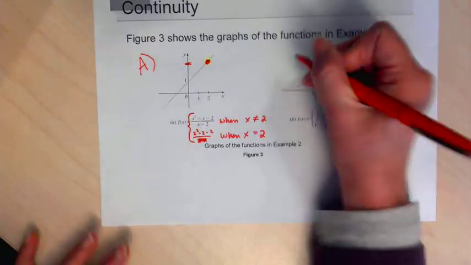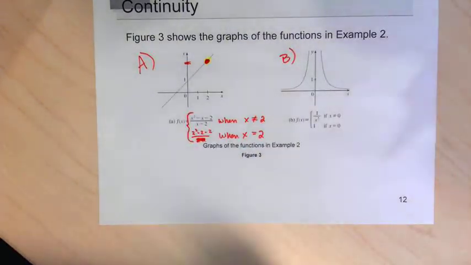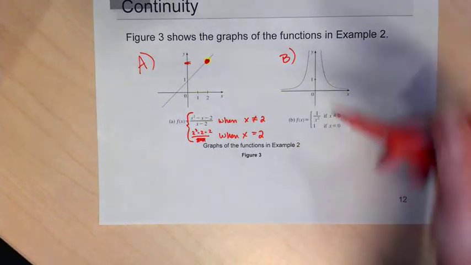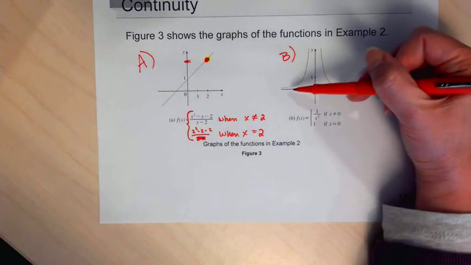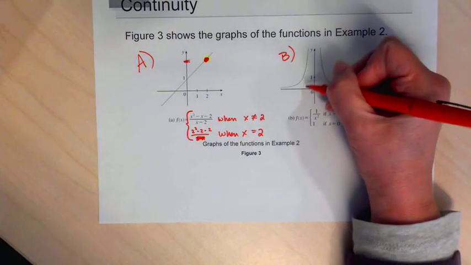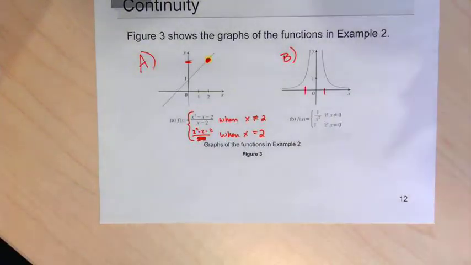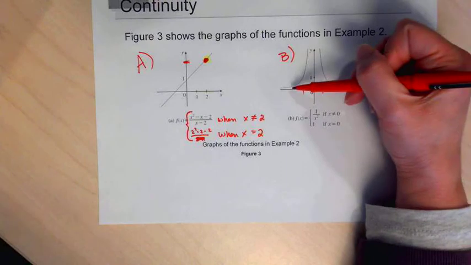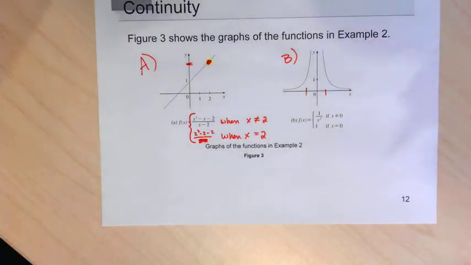Example B is what we would call an infinite discontinuity. This is the function isn't continuous in this range because the function is approaching infinity. So we could call this an infinite discontinuity.